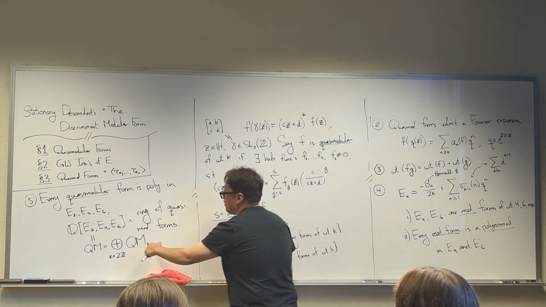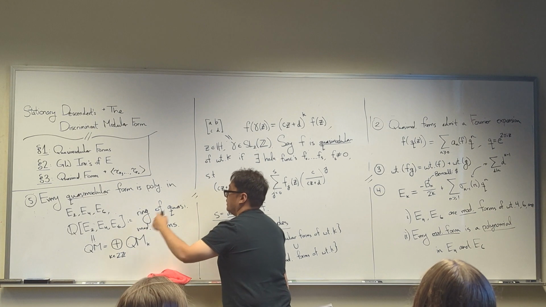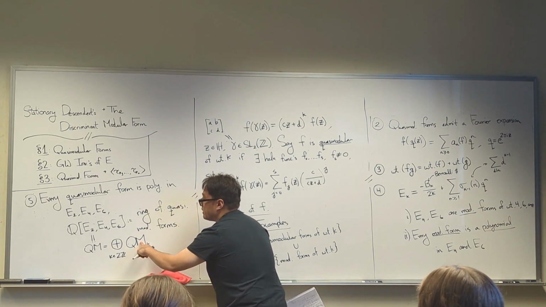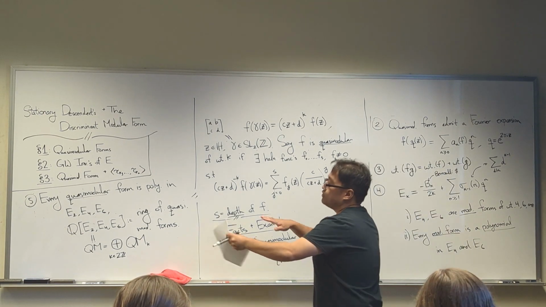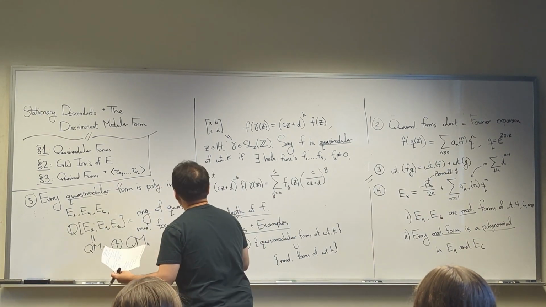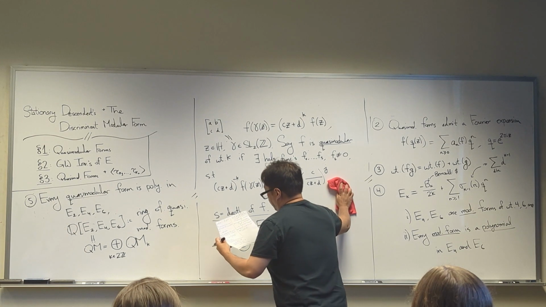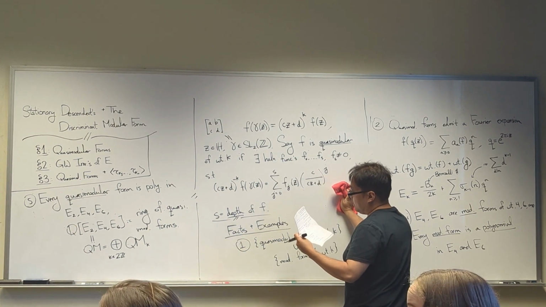So QM sub k is going to be the quasi-modular forms of weight k. Just your standard homogeneous grading of this polynomial ring.